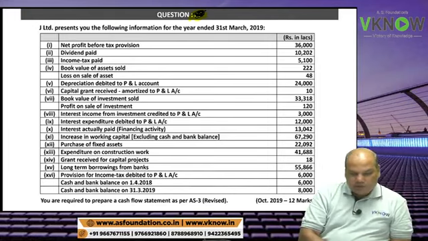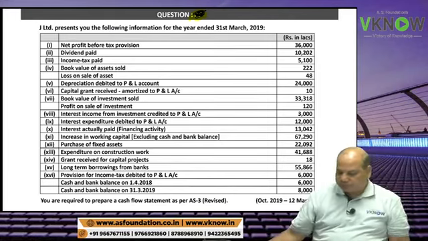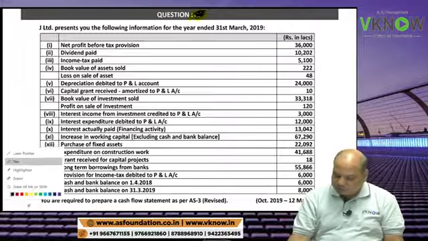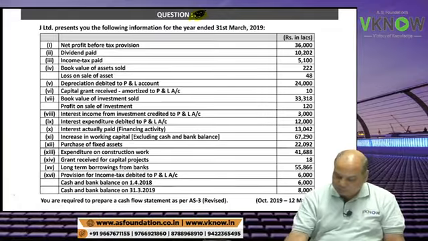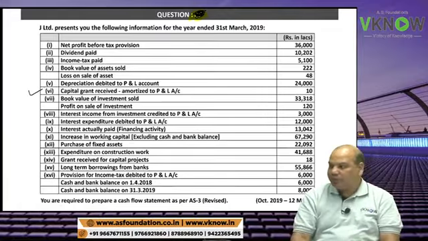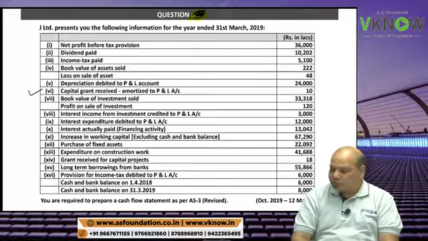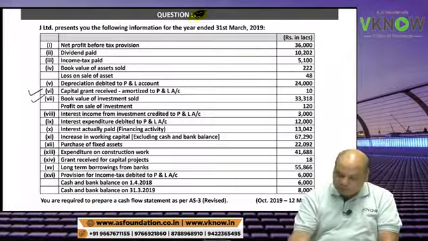Capital grant received. Point number 6. Capital grant received amortized to P&L account, 10. Point number 7.